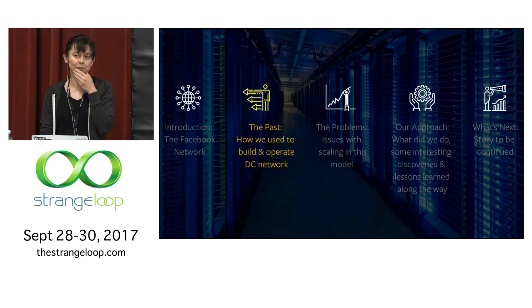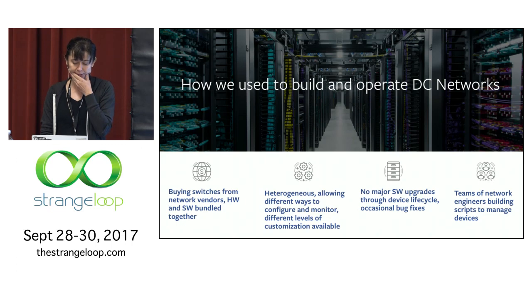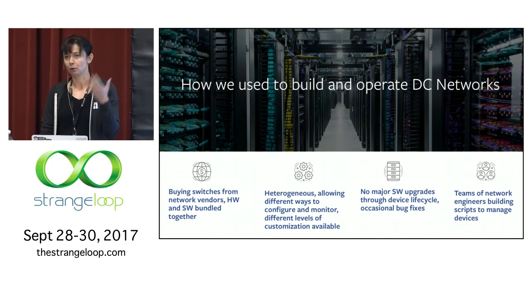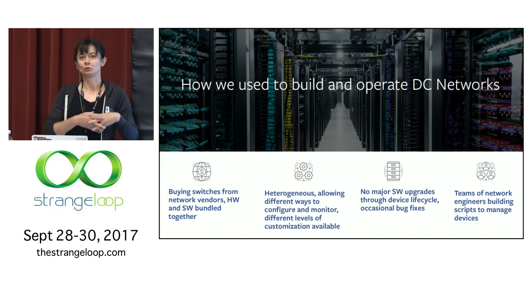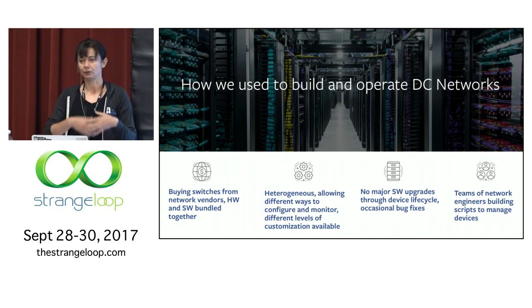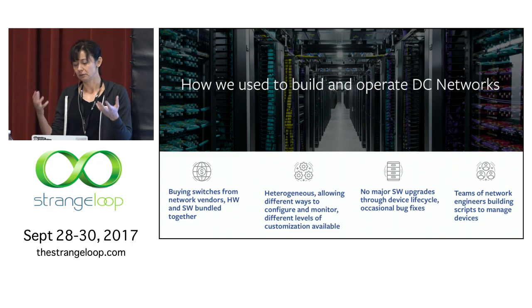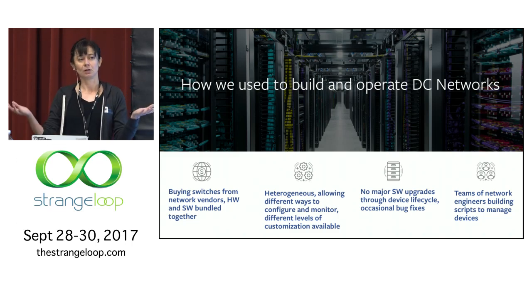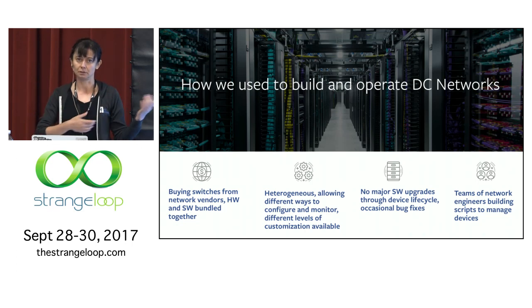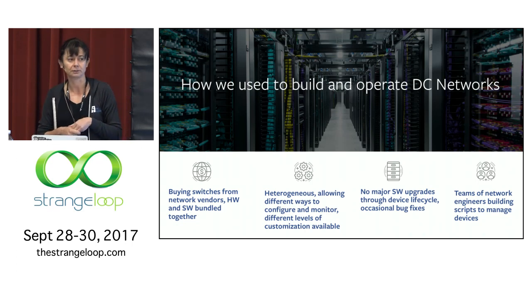So let's look at how we built this type of network in the past. We used to build a network by buying network equipment from various vendors. These vendors all had different types of offerings for their customers. They would bundle software and hardware together, and then they would have a wide array of various offerings, and customers would pick basically what they needed based on the demands of their networks.